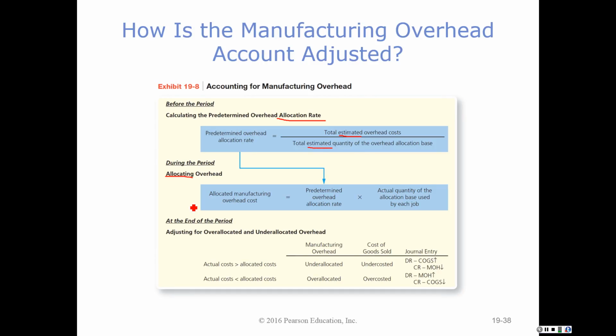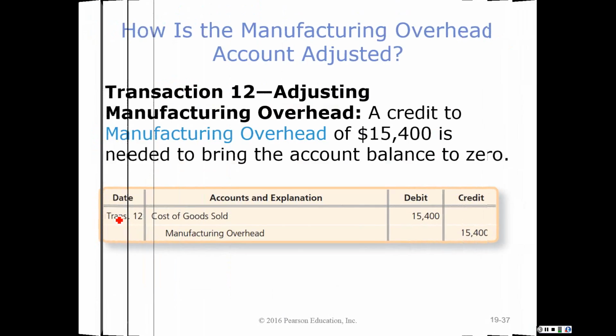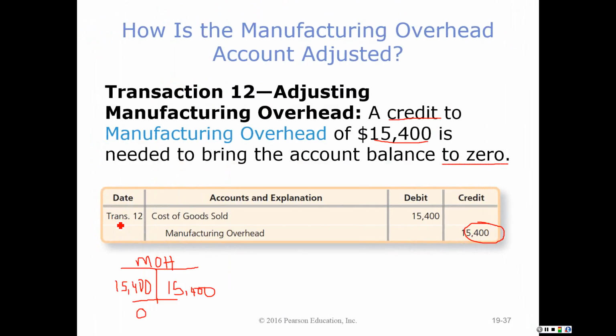So at the end of the period, if the actual amount that we spent on overhead is more than what we allocated, as in the illustration we just looked at, in this case we had $15,400 left in manufacturing overhead.